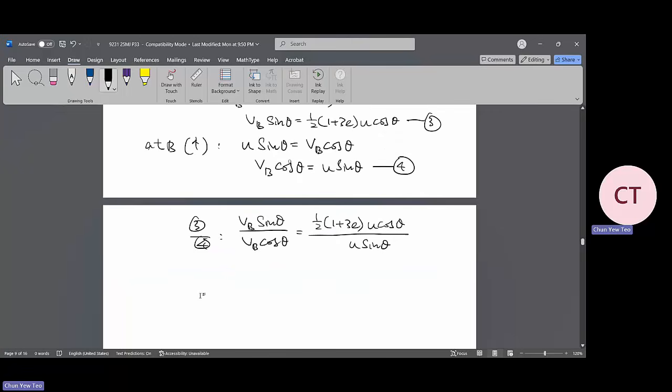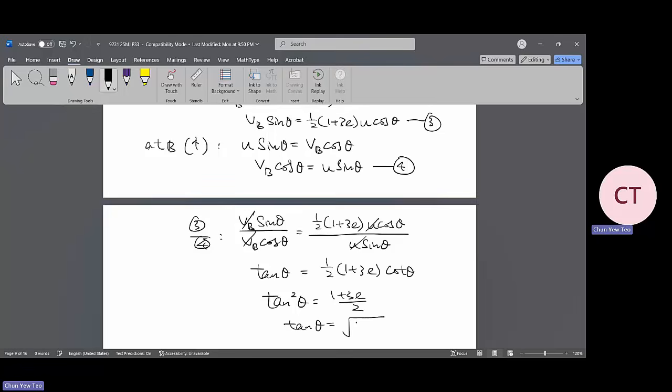The u and VB cancel. You actually have tangent theta equals half of 1 plus 3e cotangent theta. Cotangent theta is 1 over tangent theta. Bring it to the other side. You get tangent square theta, so your tangent theta is the positive square root of 1 plus 3e over 2. Done. This is the answer for question 6A.